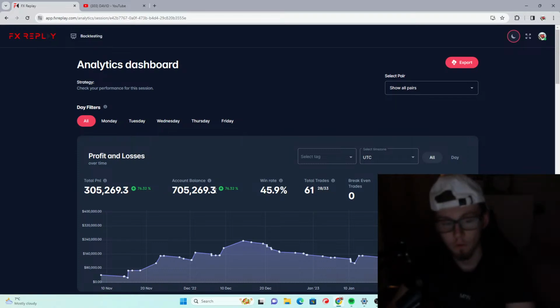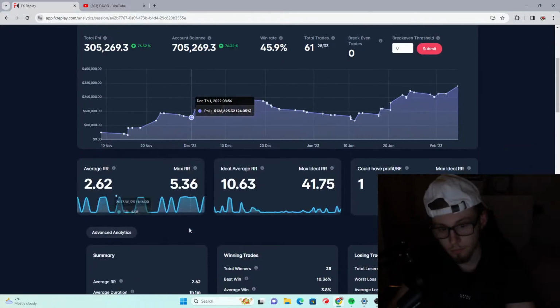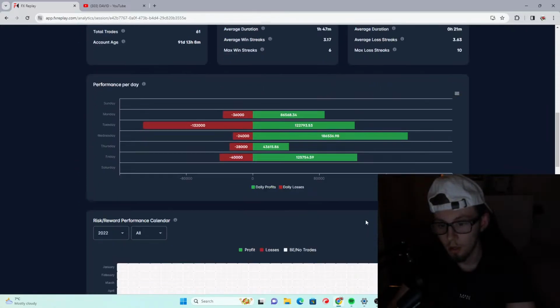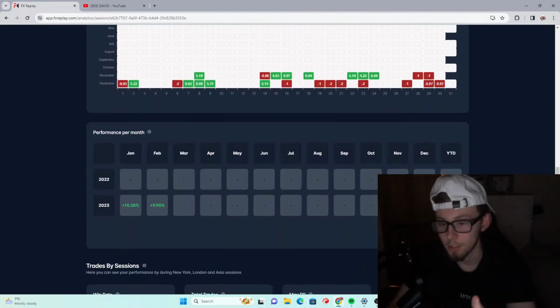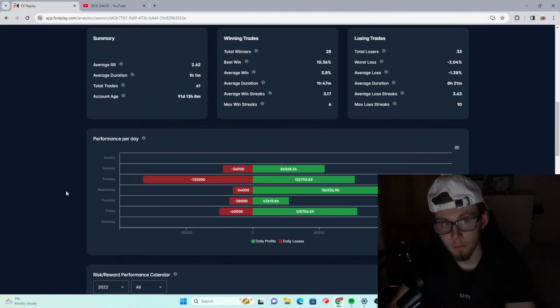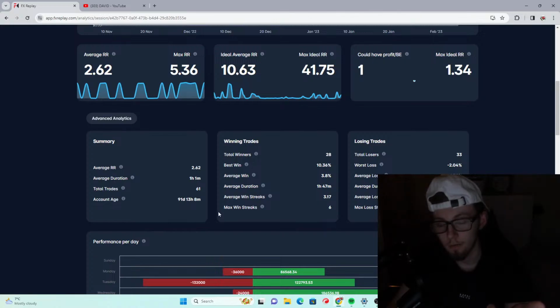Obviously our starting account was 400k. Now it's 700k, but obviously you're not factoring in compounding. So, for instance, the first month, and this is where the math actually gets into it, you've got 33%.